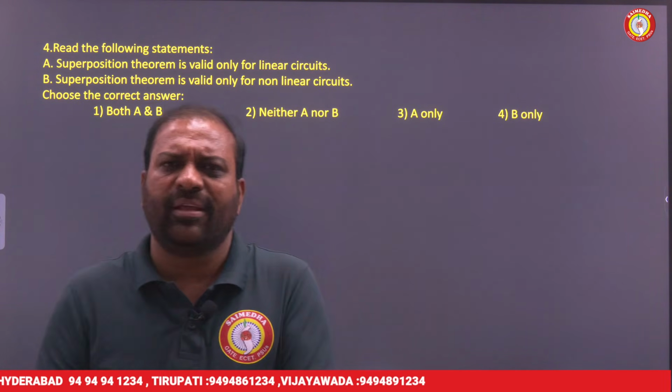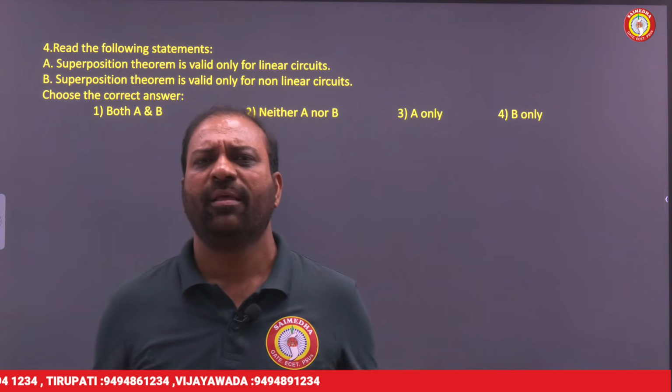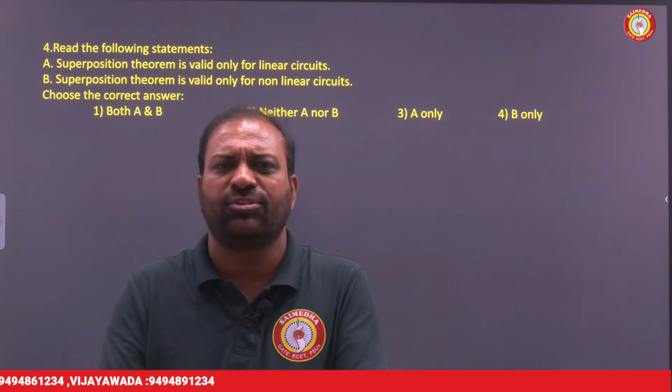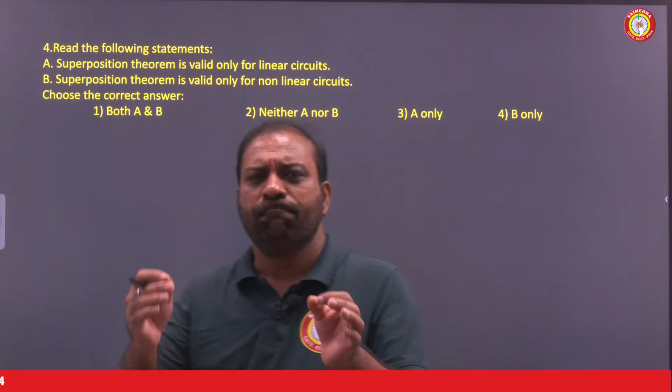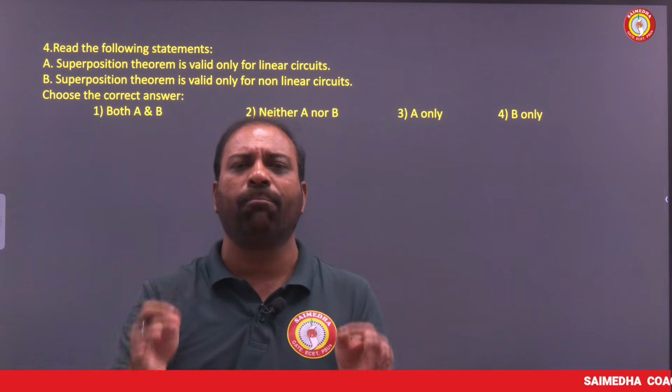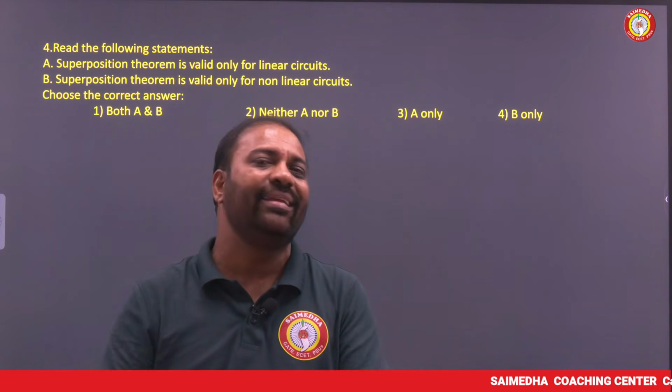In a passive circuit, the relationship between voltage and current is linear, right? This superposition theorem is applicable to linear circuits only.